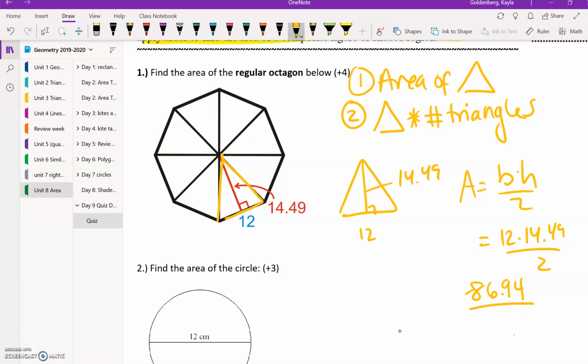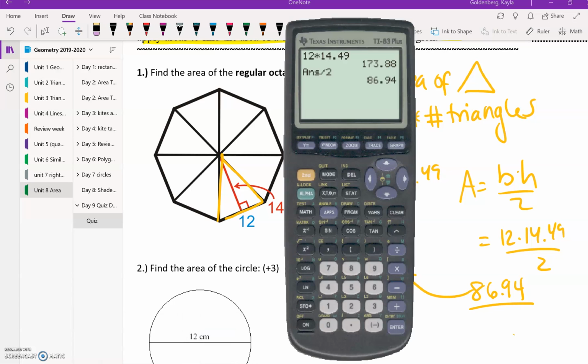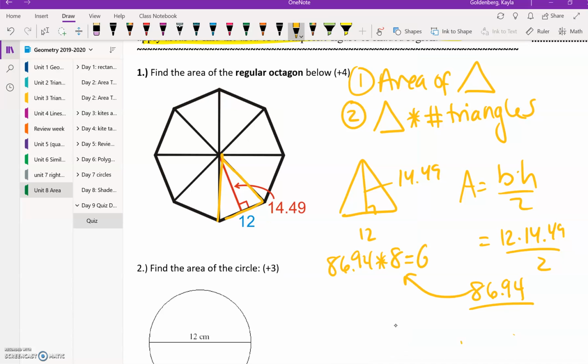And then I have to take that area and do 86.94 times 8, because being an octagon, there are 8 triangles that make it up. So let's see what it is. It looks like it's 695.52. And I'm going to write units squared, because I don't know what my units are. Sorry guys, I got a little cramped there.